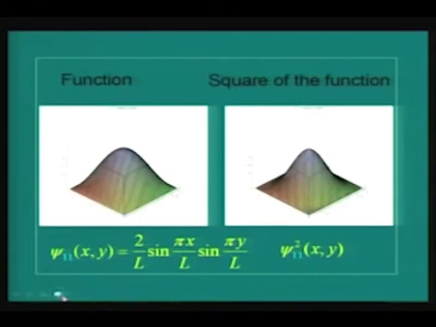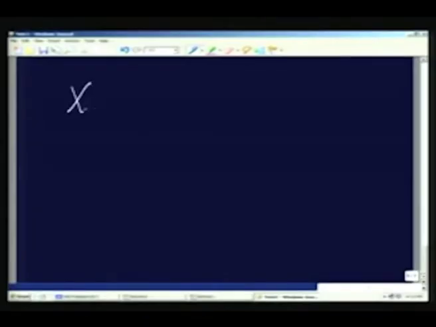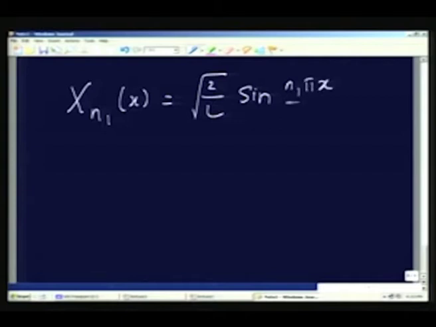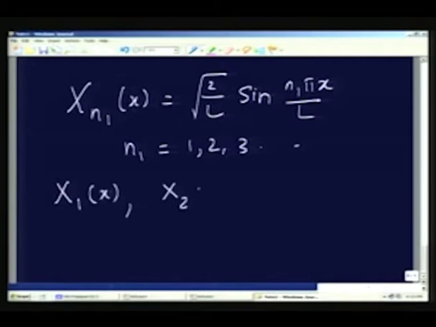Let me go back to my notes. You remember X n1 of x is root 2 by L sin n1 pi x by L. Since n1 is 1, 2, 3 etcetera, you have obviously X1 of x, you have X2 of x, X3 of x, and so on, all possible functions.